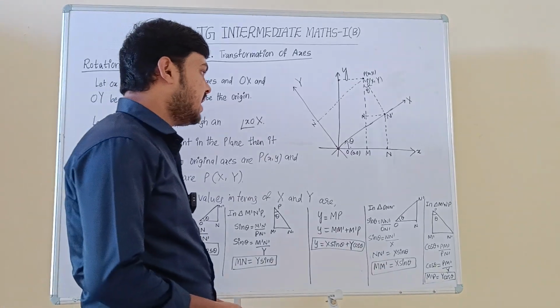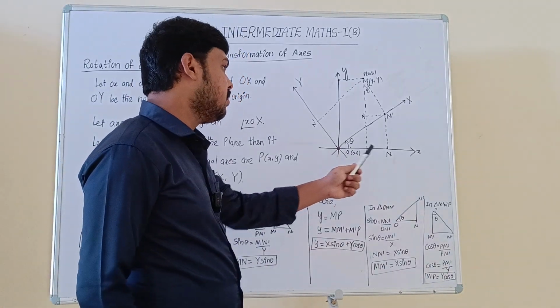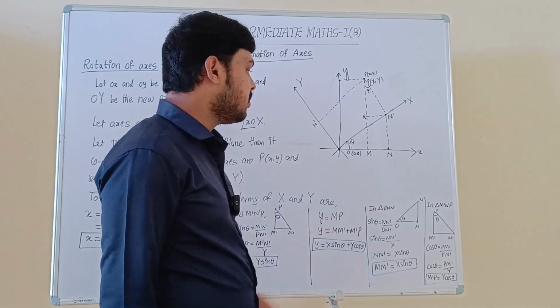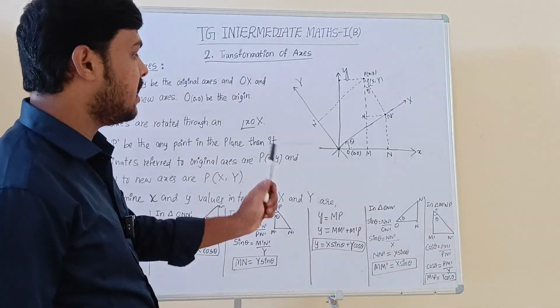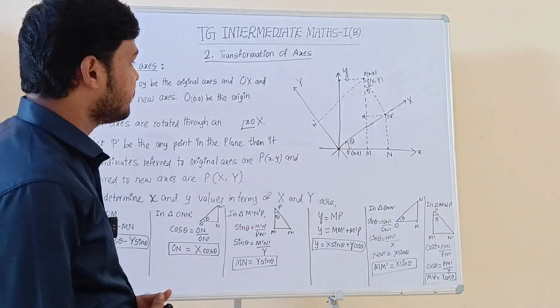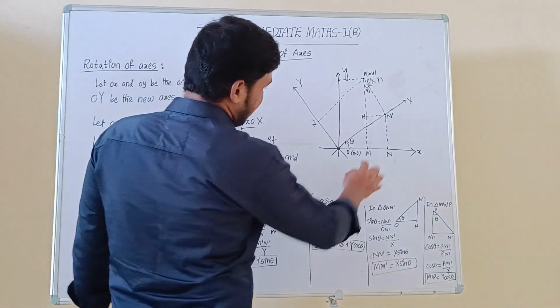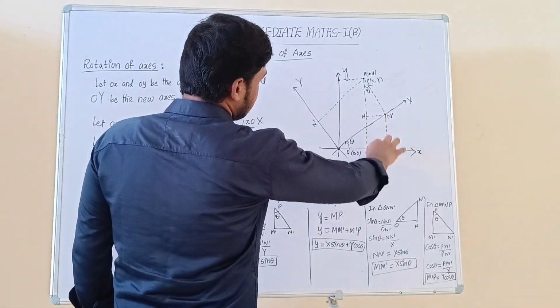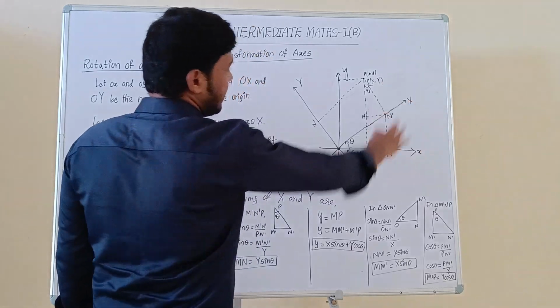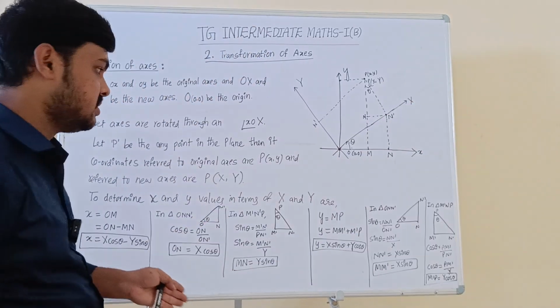For that I consider again the triangle O N N dash. This side is parallel to this side, so I want N dash.